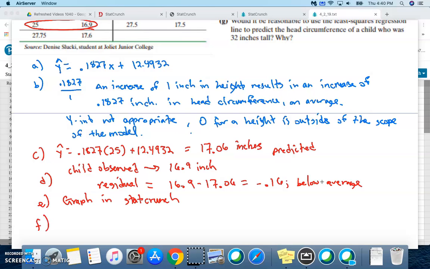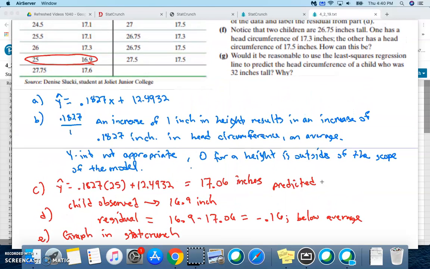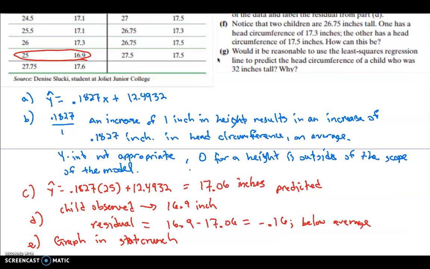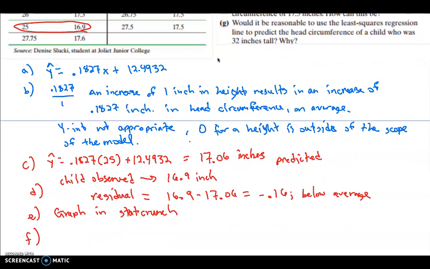Okay, part F says, notice that two children are 26.75 inches tall. One has a head circumference of 17.3, the other has a head circumference of 17.5. How can this be? Well, that's just humans.